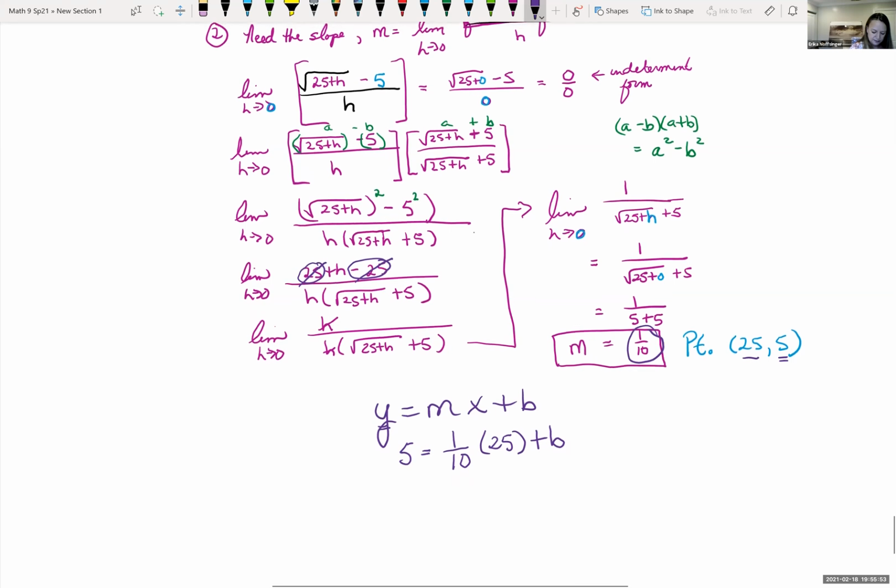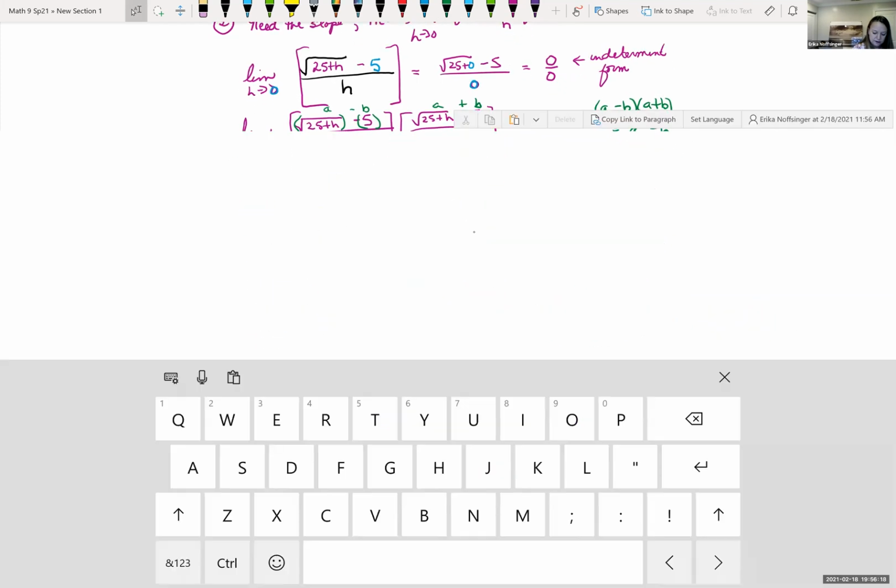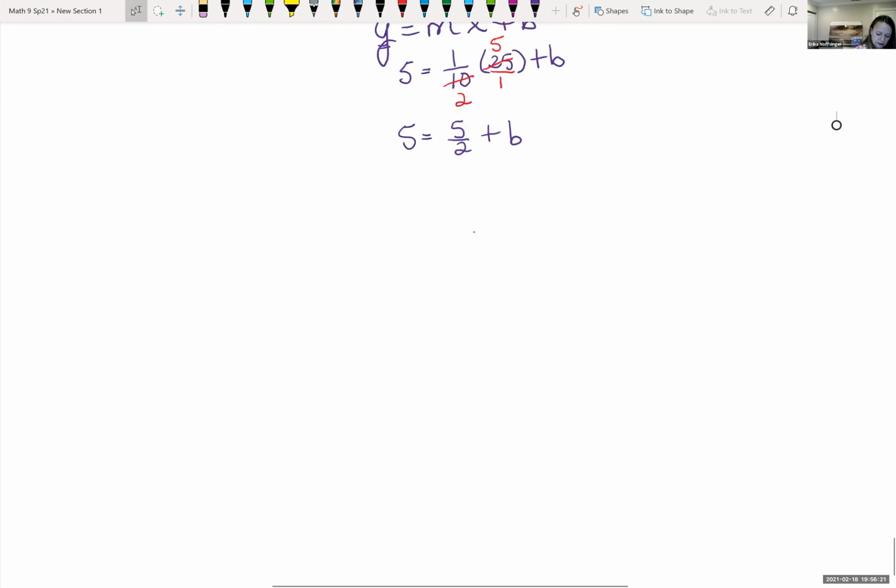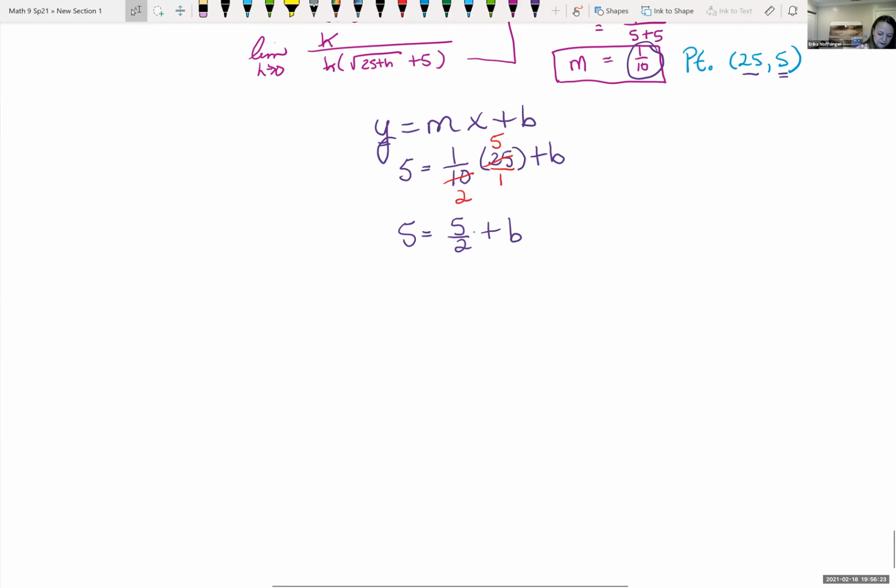Let's simplify 1/10 times 25. We have like factors in the numerator and denominator. We have 5 in common: 5 goes into 10 twice, and 5 goes into 25 5 times. So that gives me 5 is equal to 5/2 plus b. I need to get b by itself, so I would subtract 5/2, but it's a fraction, and in order to subtract fractions we need a common denominator.